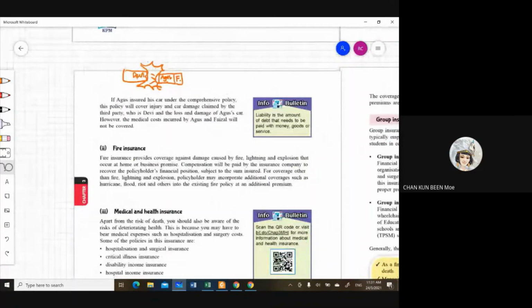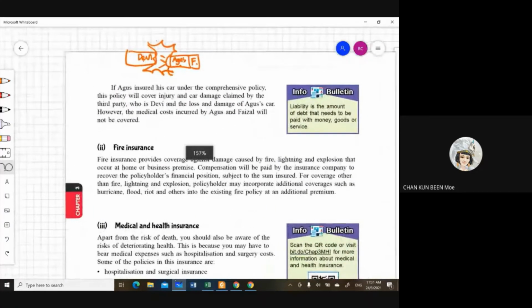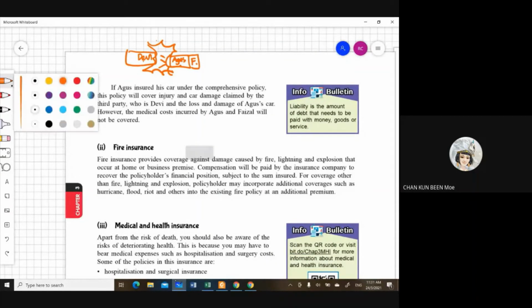Okay, if Agus insured his car under the comprehensive policy, meaning that it covers everything, comprehensive policy. Right. Okay, this policy will cover injury and car damage claimed by the third party, who is Devi. This is the third party. So if he's injured, okay, it will cover the injuries and also the car damage. And then the loss and damage of Agus' car.